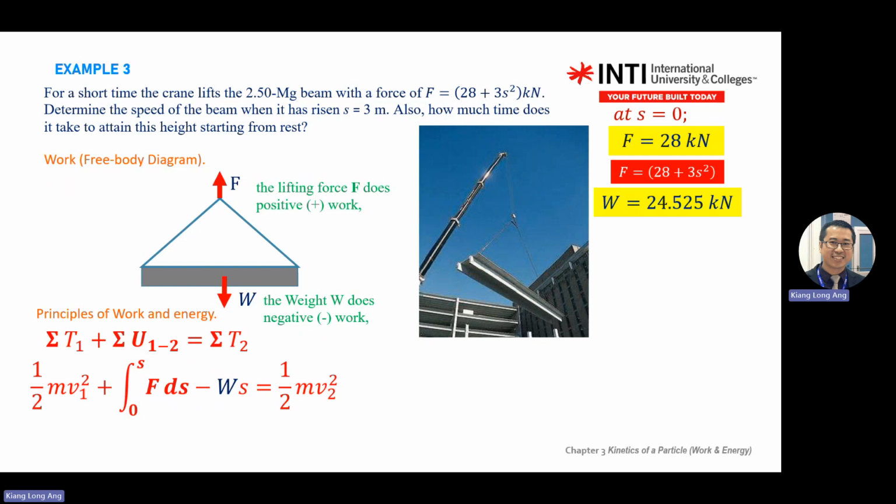So kinetic is half mv square. Work, in this case, you have two components doing work, force and weight. And then there's no spring, there's no friction force, right? So only have work by force and weight. So work is FdS and WS, right? Only have positive, negative. Then half mv square.